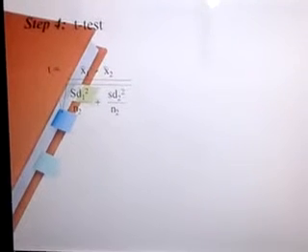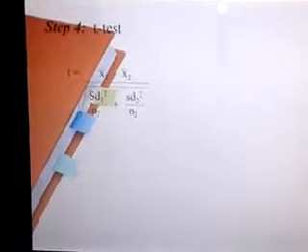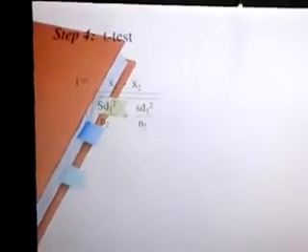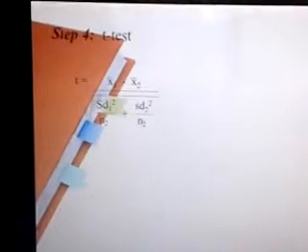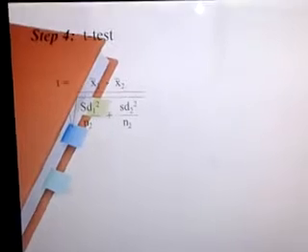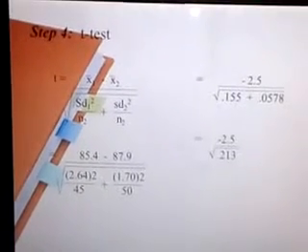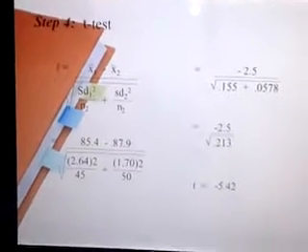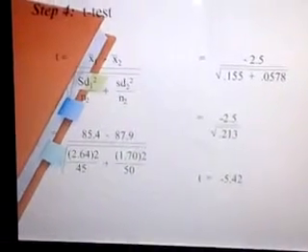Then let us use the t-test: x1 minus x2 divided by the square root of standard deviation 1 squared over n1 plus standard deviation 2 squared divided by n2. So we will come up with t equal to negative 5.42.